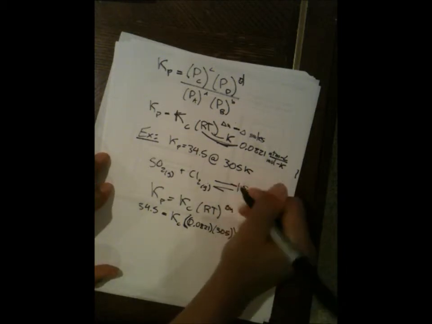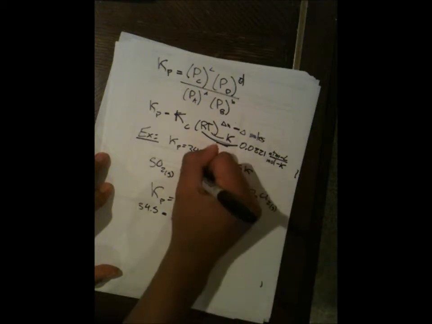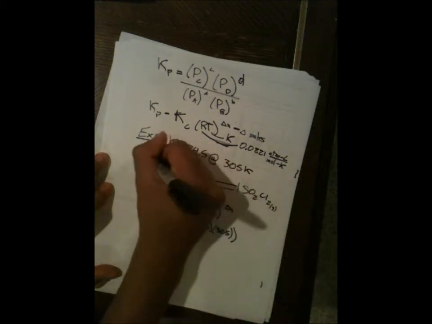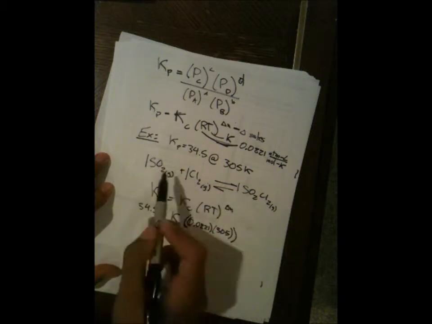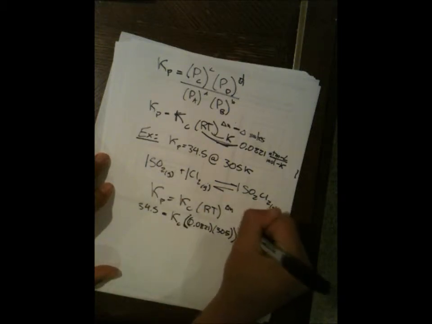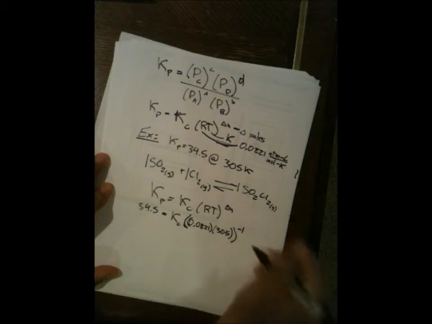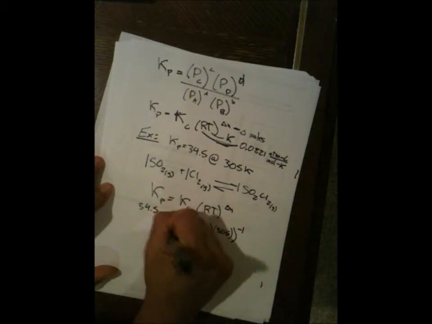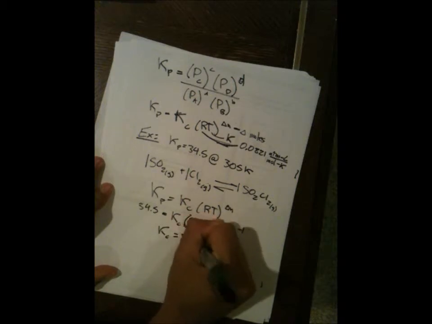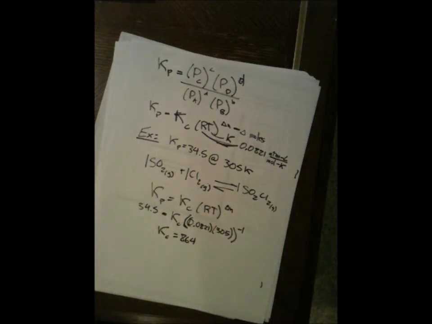So we have 1 mole here, 1 mole here, and 1 mole here. So 1 minus 2 is -1, so raised to -1, okay? And so that turns out to be Kc is going to equal 864. Okay? So let's move on.